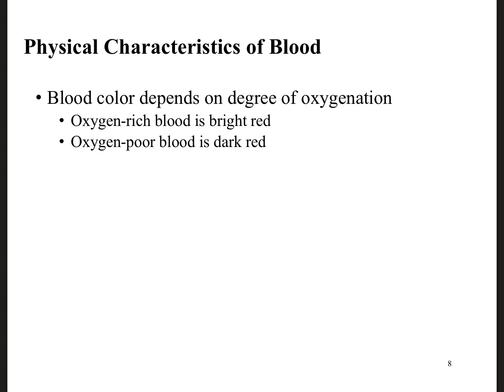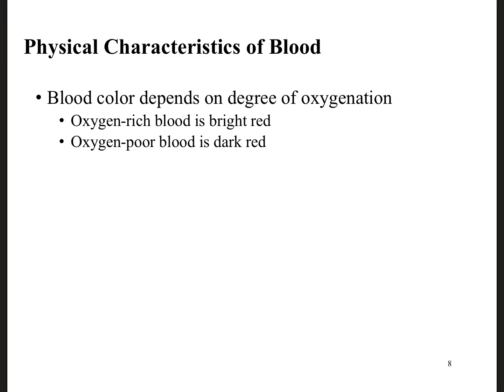All right, so some physical characteristics of blood. We already mentioned one. The pH of blood is about 7.35 to 7.45. Blood is a lovely red color. Oxygen-rich blood is bright red, like that sweatshirt, scarlet red, Ohio State red.